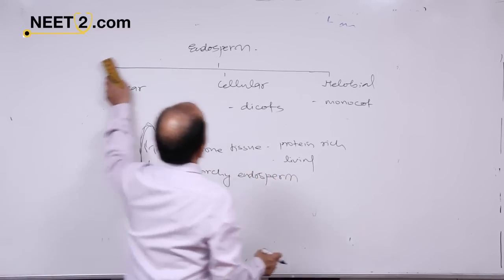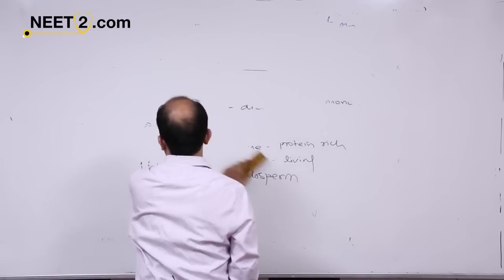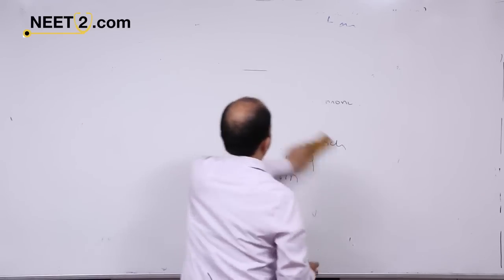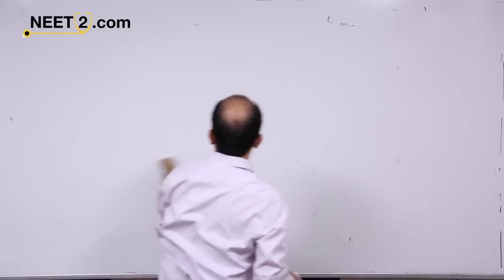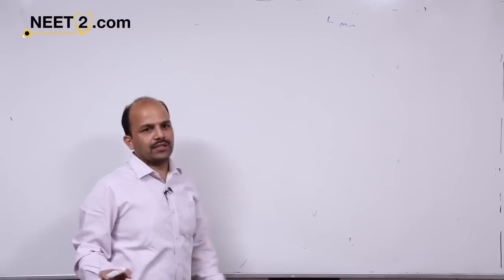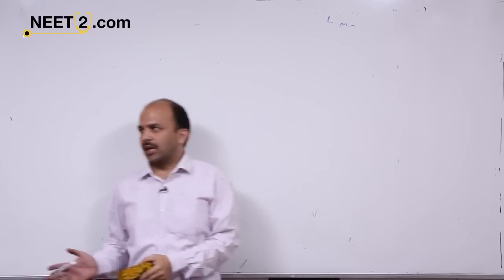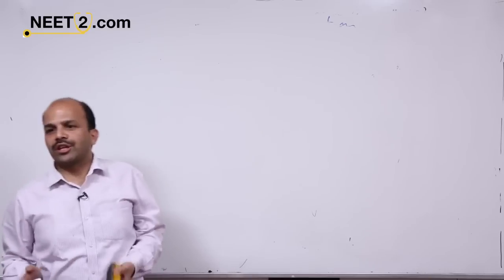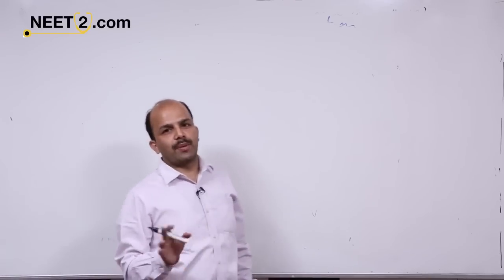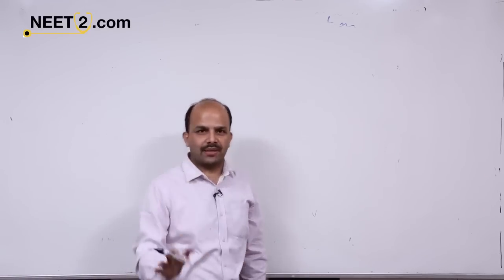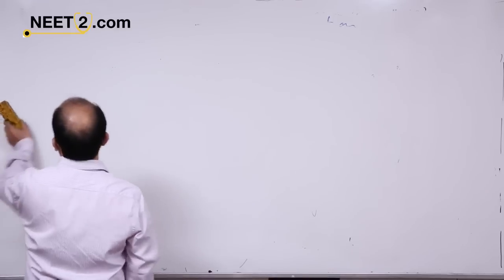Now come to the embryo development. Here you will find embryo development pattern is almost similar in dicot as well as monocot. Embryogeny in dicot is mostly studied in the members of Cruciferae family, especially Arabidopsis thaliana.